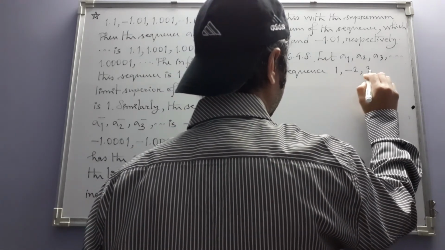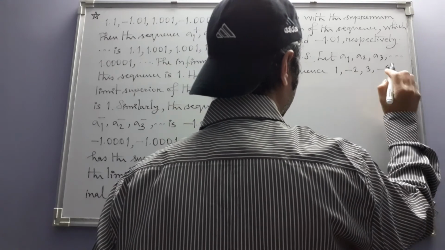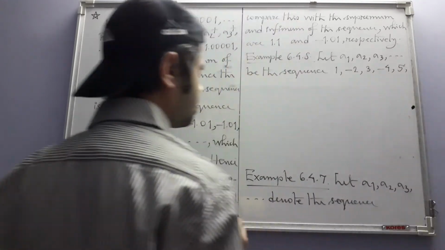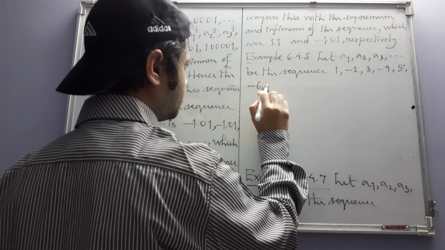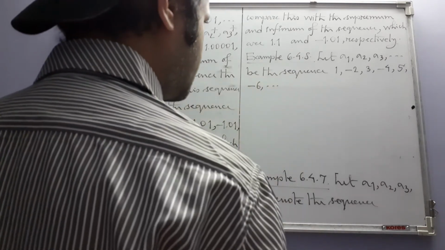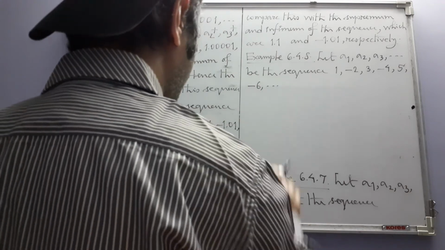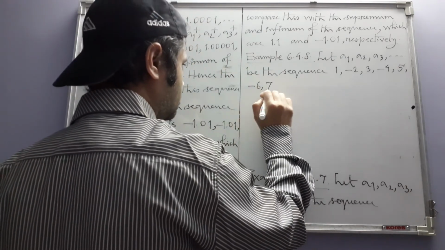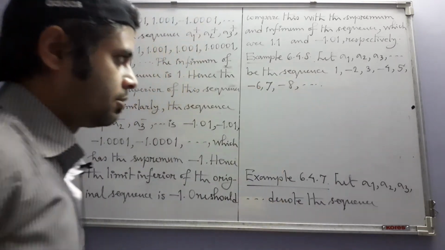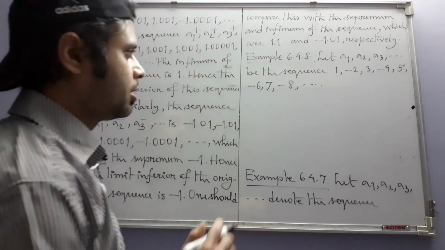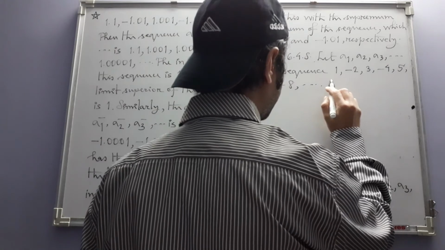Here also the terms alternate between positive and negative integers: 1, minus 2, 3, minus 4, 5, minus 6 and so on, 7, minus 8, etc. So let's calculate the limit superior and limit inferior.